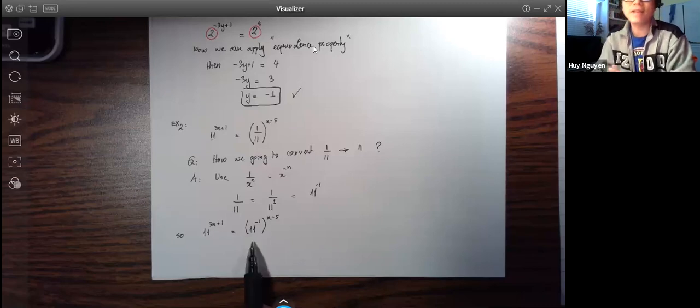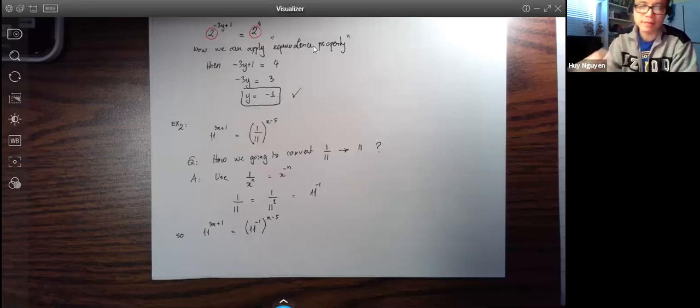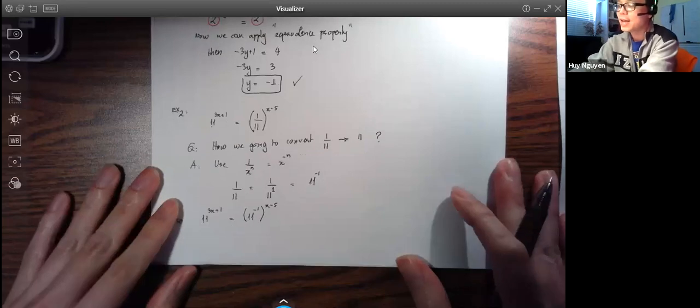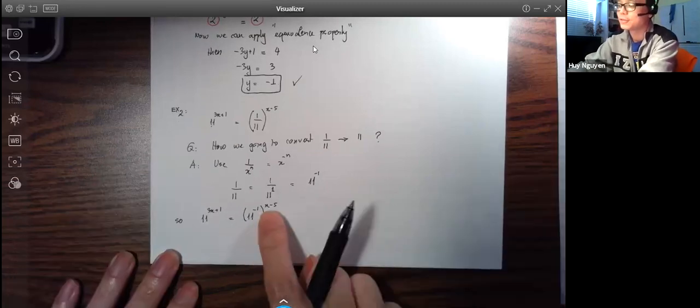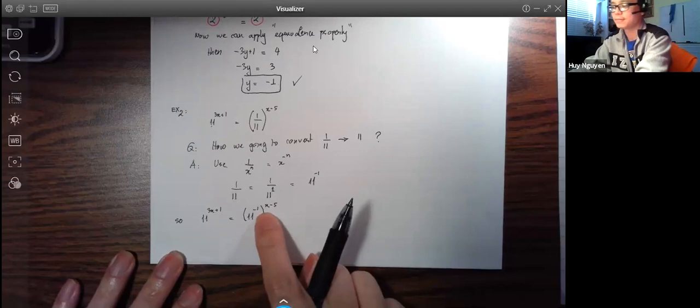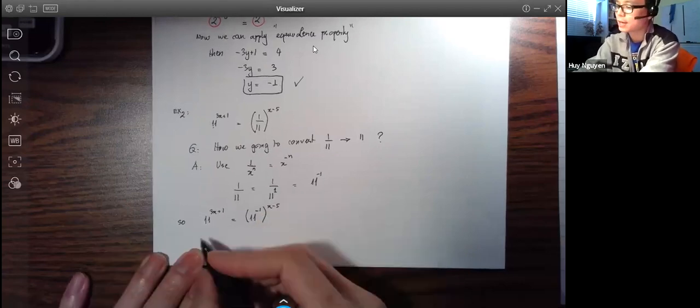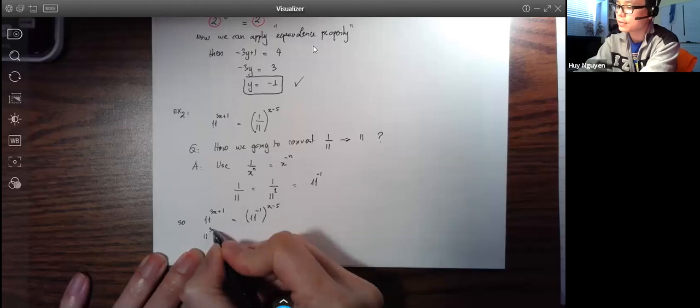This is 11 raised to the first power. It's a little bit different. So our next step, you're going to bring 11 raised to the first power to 11 only. On the left hand side here, I'm not going to touch anything. I'll just leave it for the time being.